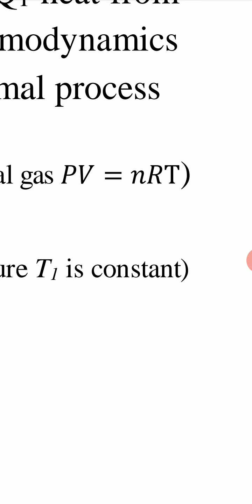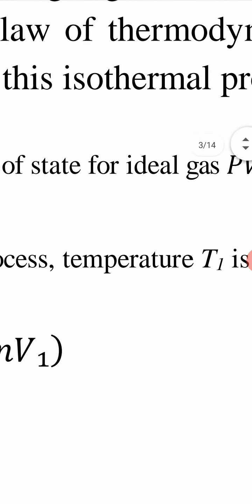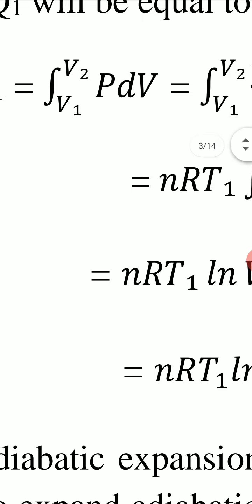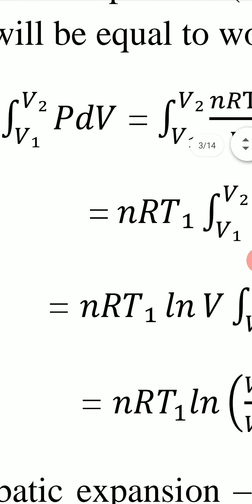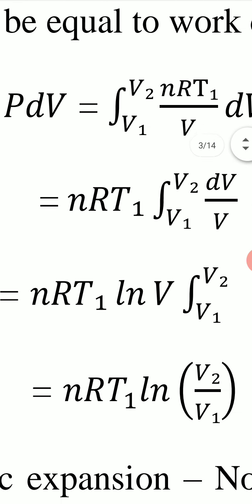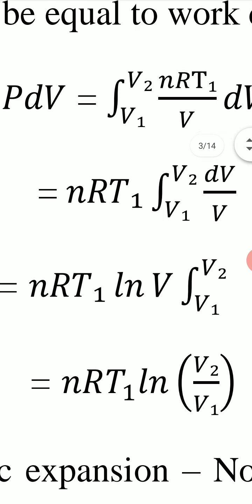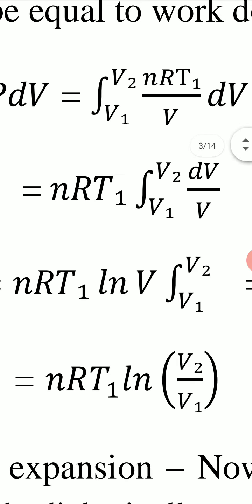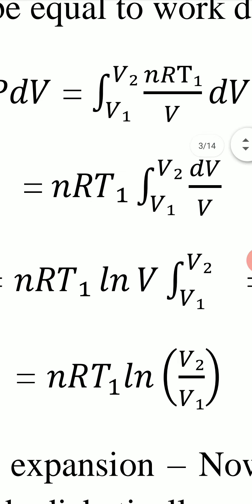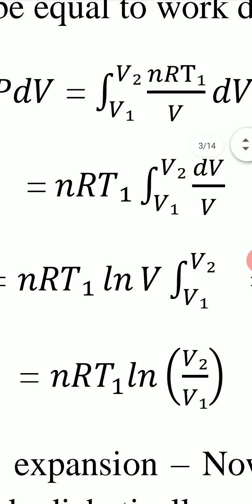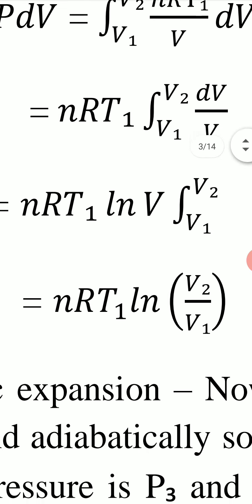Substituting the value of P from this equation, we have P equal to nRT1 upon V. Substituting the value of P, that is nRT1 upon V, from equation of state of an ideal gas, temperature is T1, that is constant. So nRT1 is kept outside the integral, and inside the integral we have integral dV upon V, and it is equal to log V.